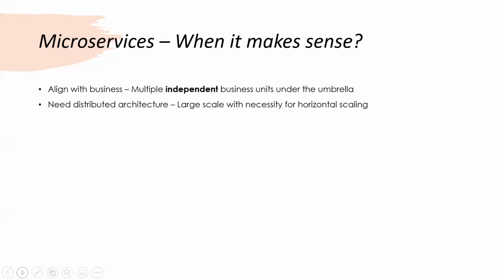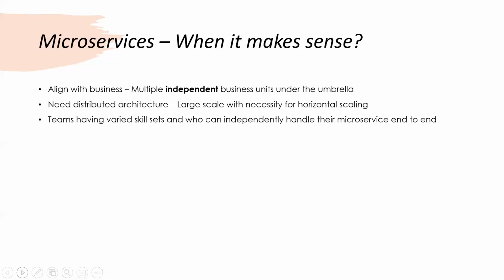The third one, in order to work in a truly microservices based environment, you will have to have teams which can work in multiple technologies, because each service could have a different front end, different middleware, and you can have a different database as well. So it's all abstracted underneath those APIs.